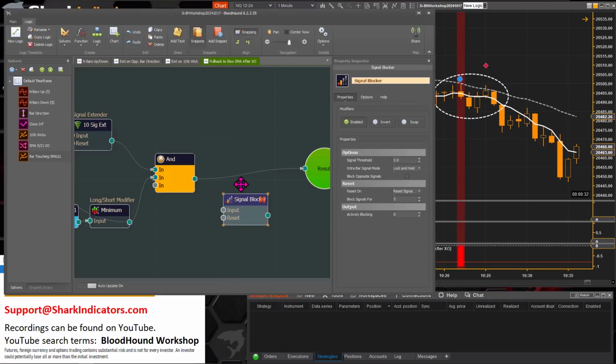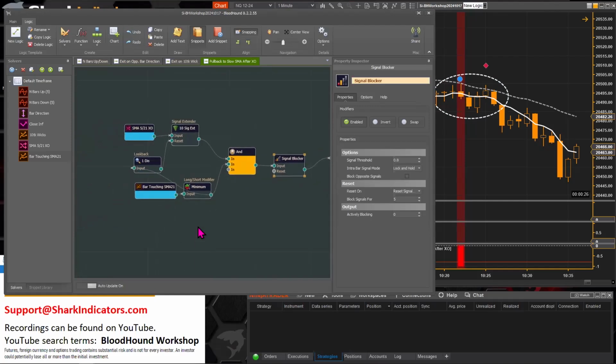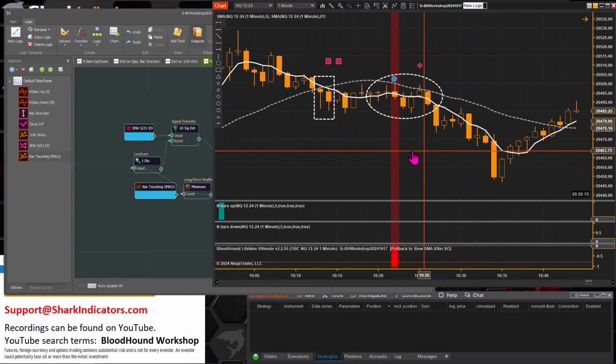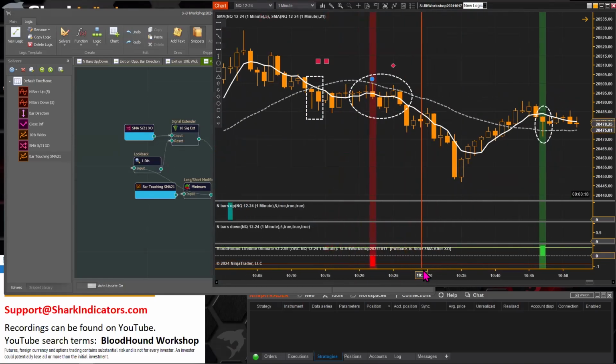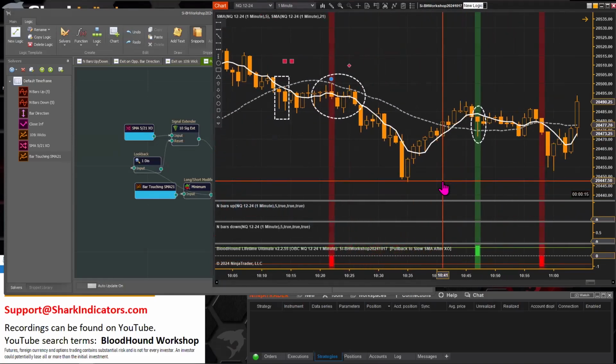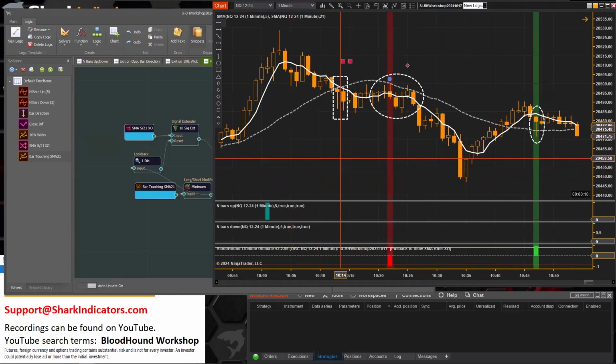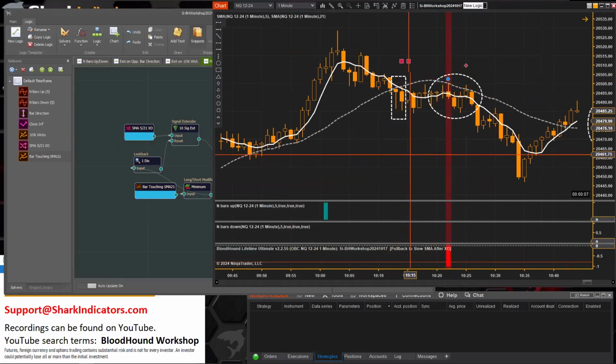I could have used the signal blocker instead of this reset logic. I'm trying to move this forward. Yeah, I guess this is the only place I have to work with here.